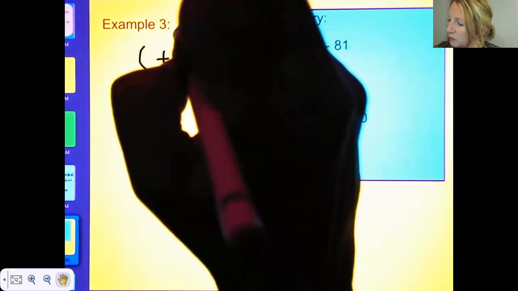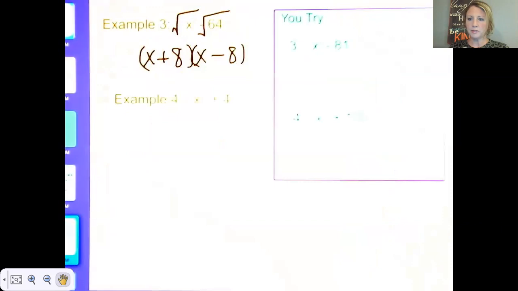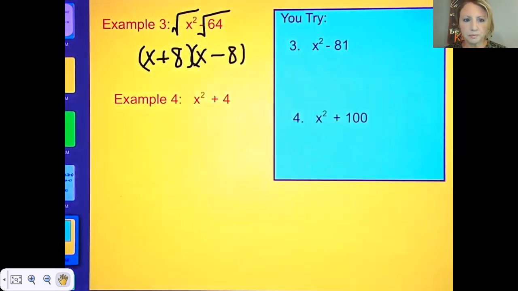Okay, and then the square root of x squared is x, so x times x, and the square root of 64 would be positive 8 and minus 8. And then if I multiplied these out using our box method, it would give us back that product of x squared minus 64.